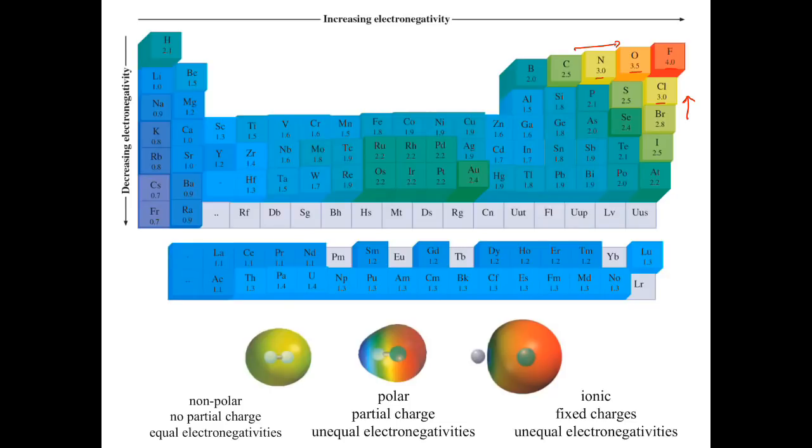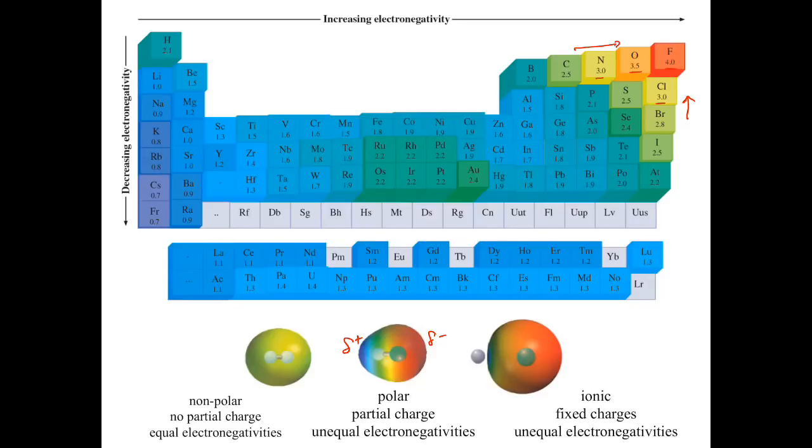Now, I summarize this at the bottom of this slide. You can have what's called a nonpolar bond. So this is a nice depiction. You get no partial charge, and this is when you have equal electronegativities. When you have a polar bond, you do have a partial charge. You get a slightly negative charge on this side and a slightly positive charge on that side.